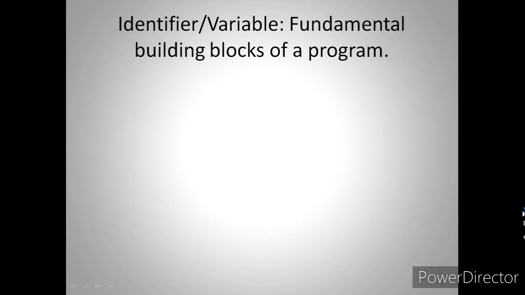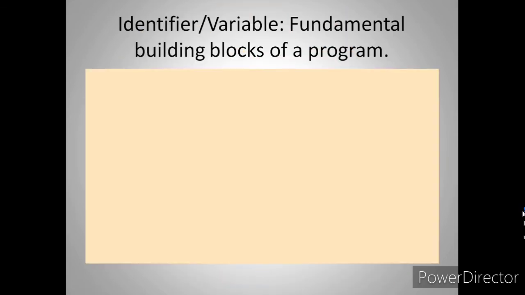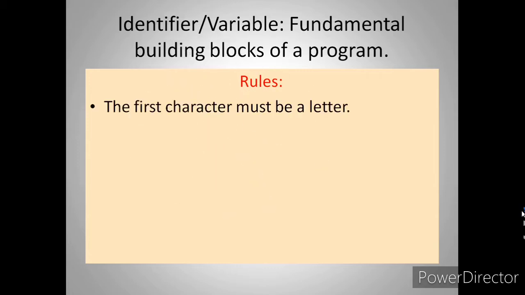So we have come to know that the identifier or the variable is a fundamental building block of a program. But there are certain rules which have to be followed while defining a variable. What are those rules? The very first thing is that the first character must be a letter.